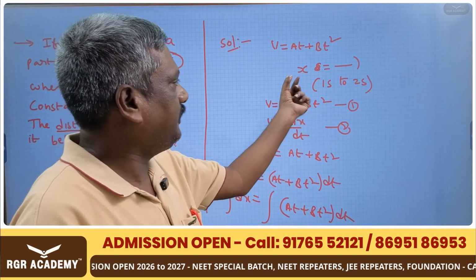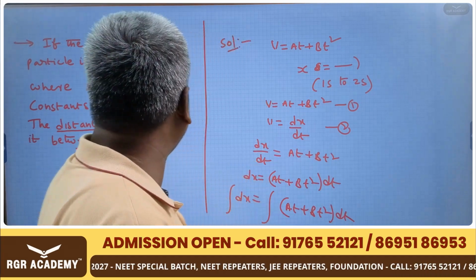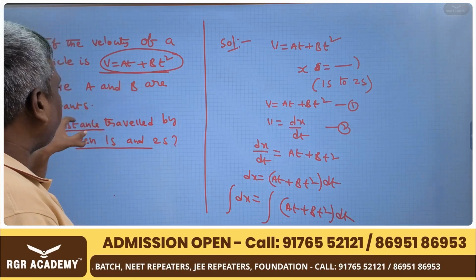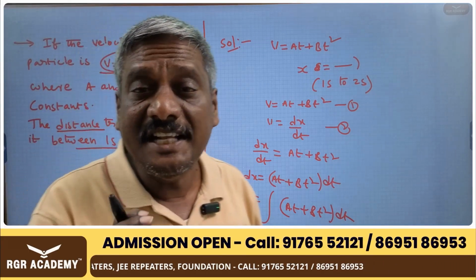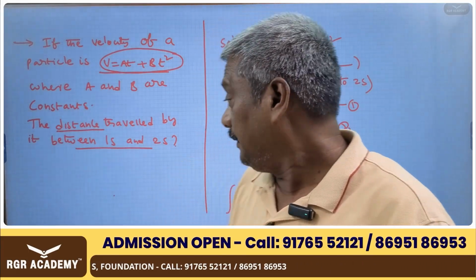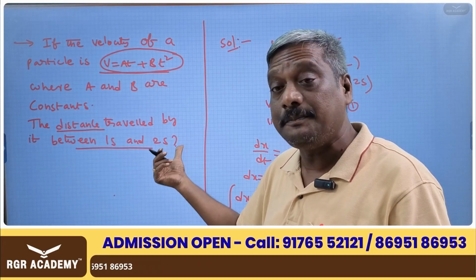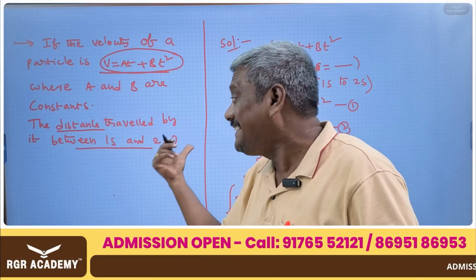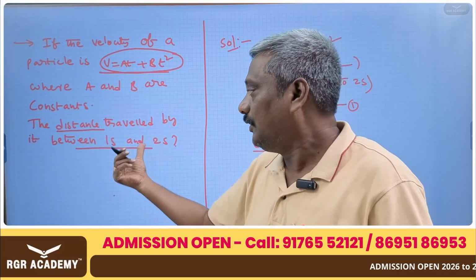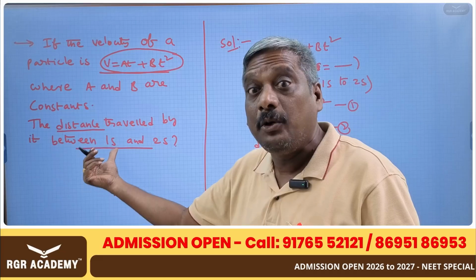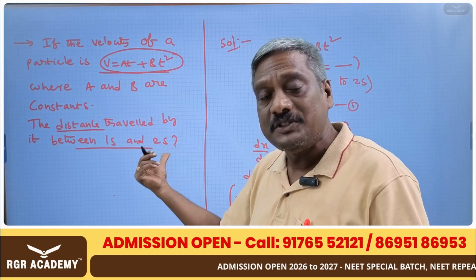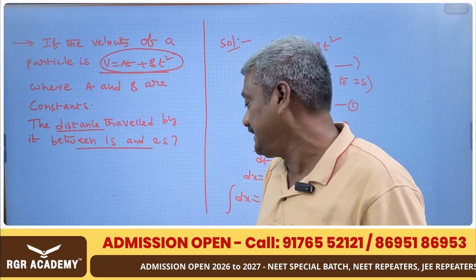Now everyone try to understand the question carefully. The velocity of a particle is given, and we need the distance traveled between 1 second and 2 seconds. These are the limits given in the question. 1 second is the starting point, the lower limit, and 2 seconds is the upper limit.